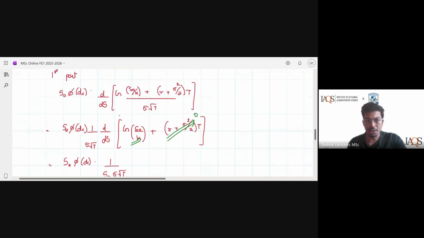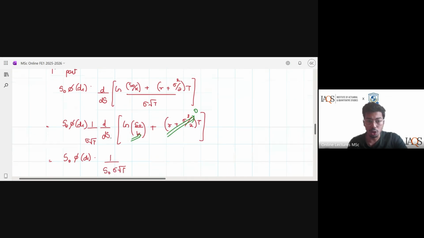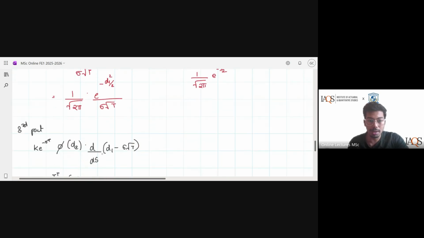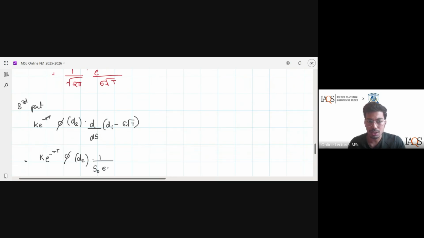In my previous question, I had differentiated d by ds of d1 and got 1 upon s0 sigma root t. Any confusion here? Instead of solving it all over again, I'm just using the result I've already solved. And sigma root t doesn't have an s component in it, so that will become 0.